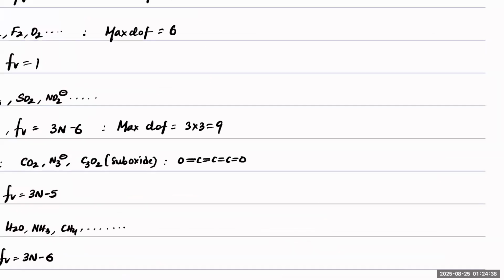For example, if you have ozone, oxygen double bond O, single bond O, this is how it is present, correct? One vibration will be contributed here. Between these two oxygens also there is one vibration, and between these two oxygens also there is vibration. Vibration does not mean we need to have a bond for sure.